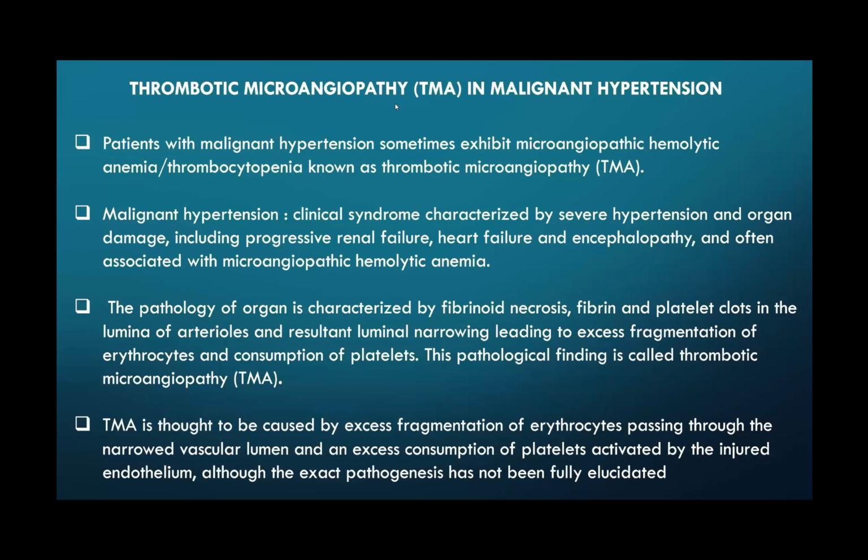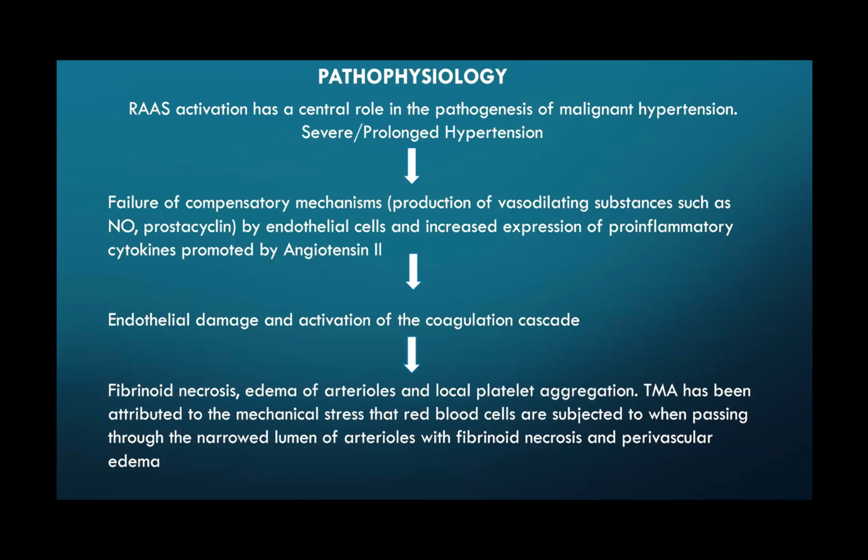So one of the interesting things that we saw in our patient was thrombocytopenia. Now, there is this whole entity called thrombotic microangiopathy in malignant hypertension. What basically happens in these patients is that, because of severely elevated blood pressure, the autoregulatory or compensatory mechanisms actually fail.